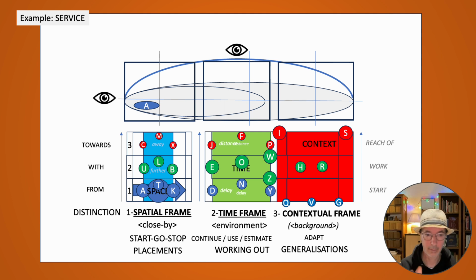So we have a frame for the letters that are mostly focused upon space, some letters that are mostly focused upon timing, and some letters that are mostly making their way of context in the last frame.